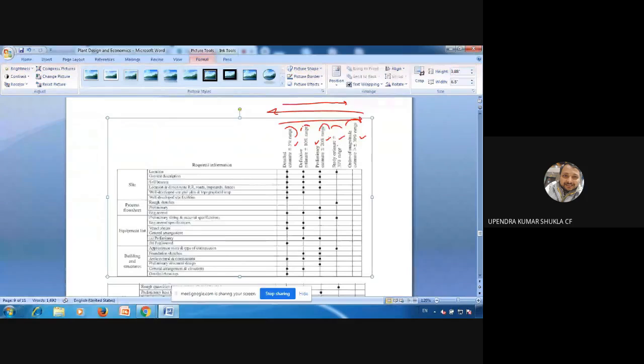Okay, so in the detailed estimate, as the name implies, you will consider all the factors. All the factors means location, general description, soil bearing. All the things you will be considering in a detailed estimate.